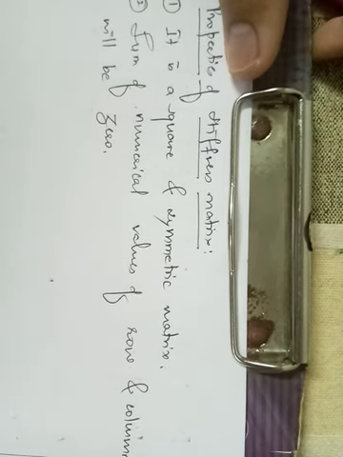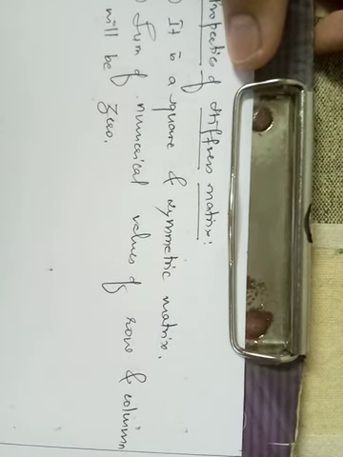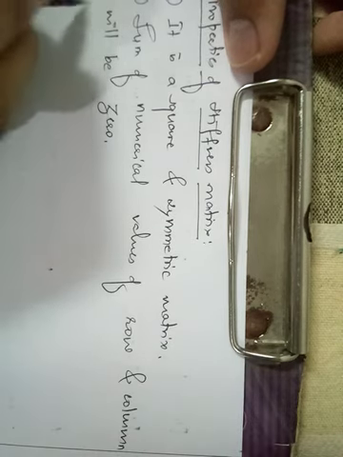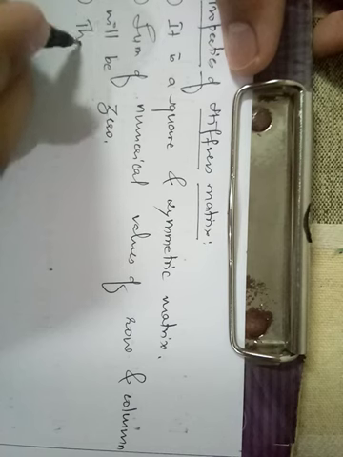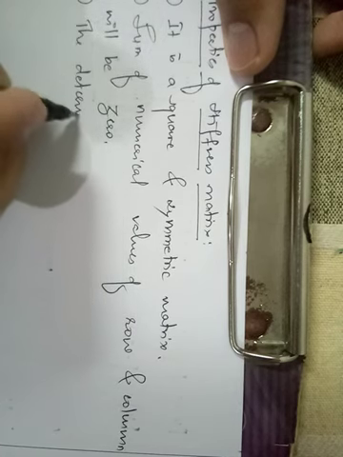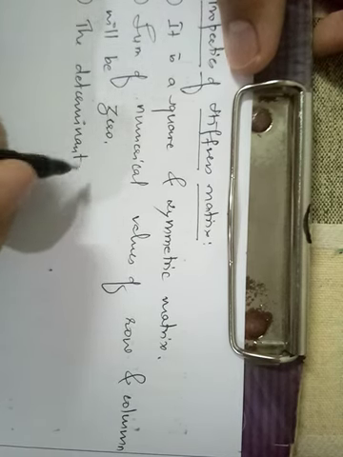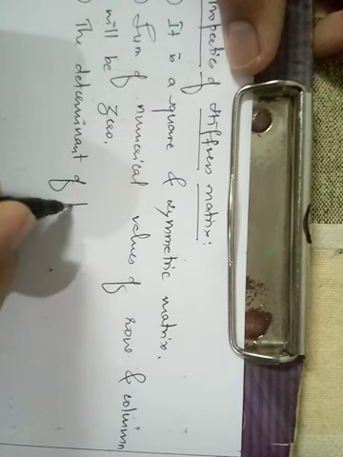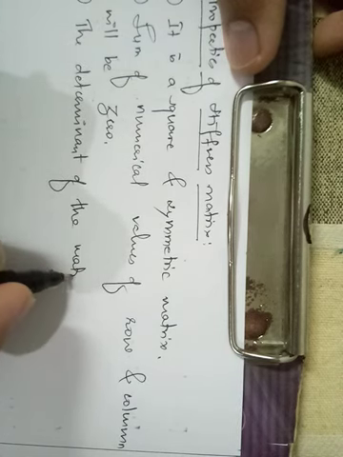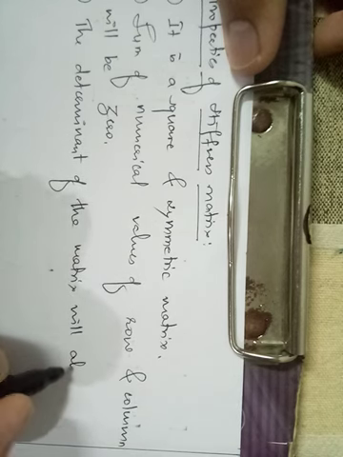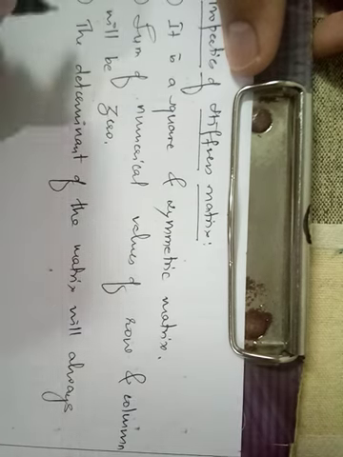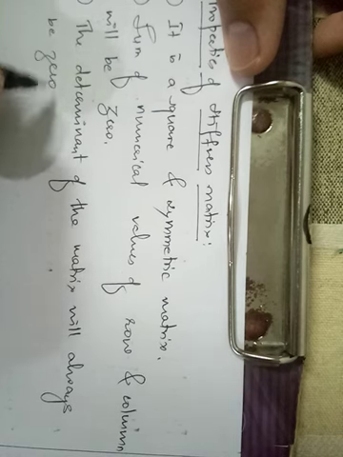Right? Sum of numerical values of a row and column will be 0. Third one, the determinant of the matrix will always be 0.